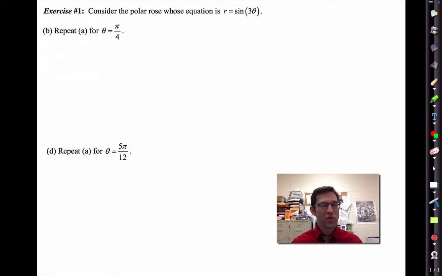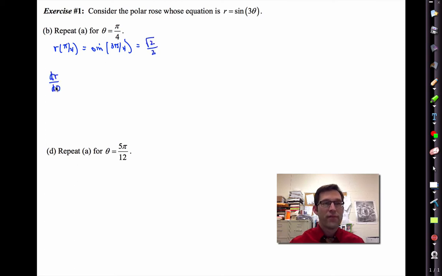All right, let's go through it. So, our first angle, simple enough. We have r of pi over 4. That's going to be the sine of 3 pi over 4, just immediately multiplying by 3. And that's our friend root 2 over 2 again.